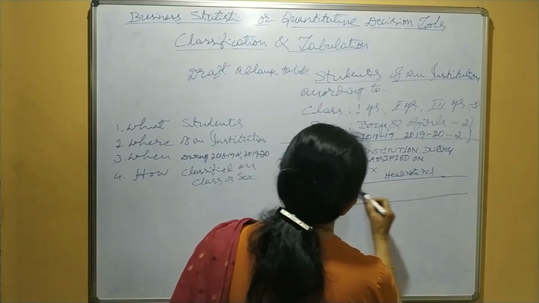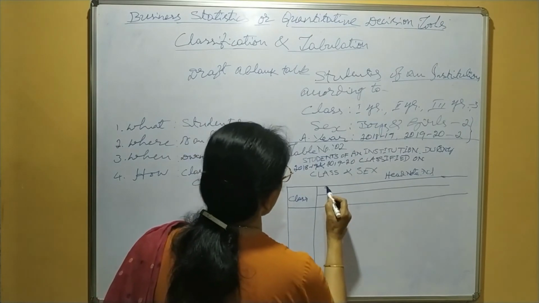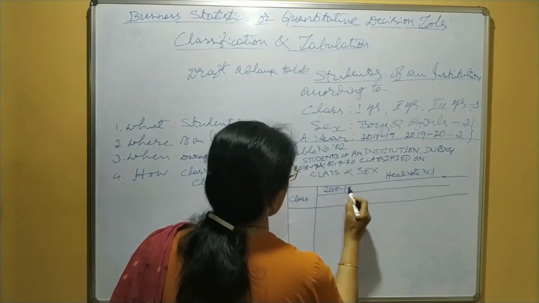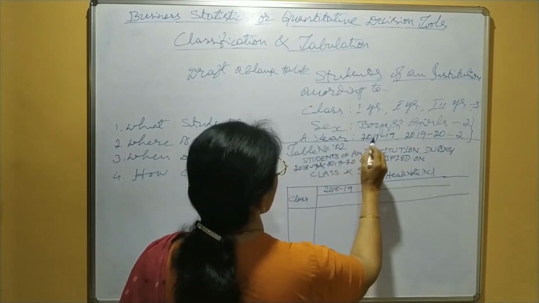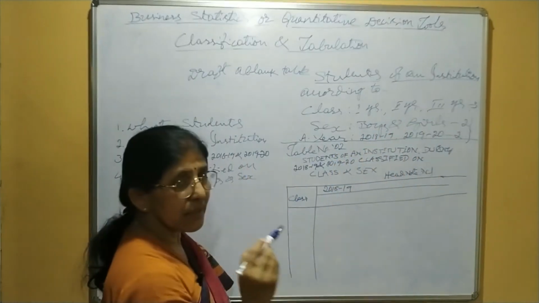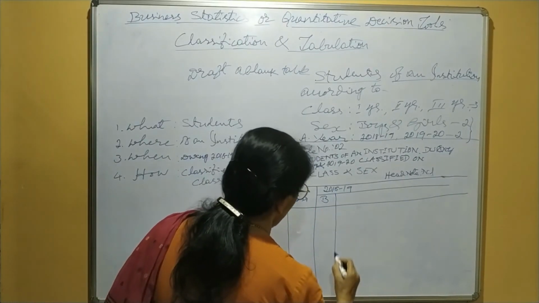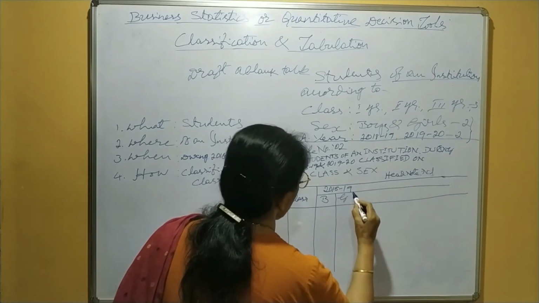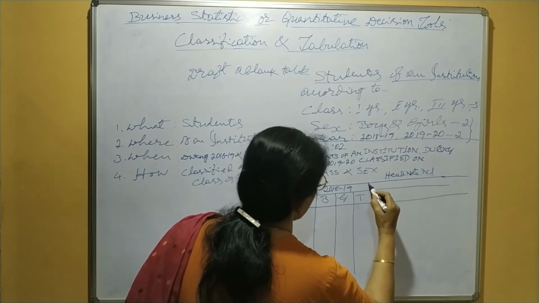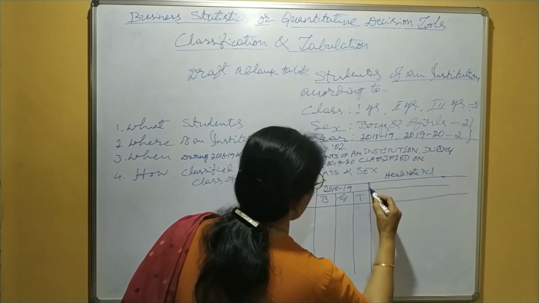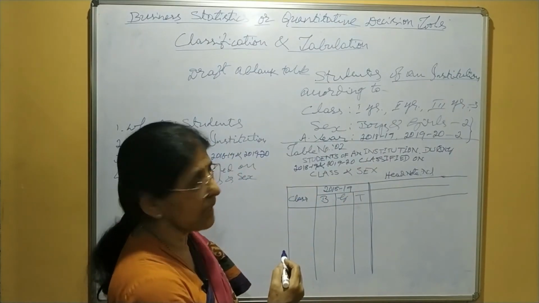Next, we have to take year and sex. First you take 2018-19, under that we take boys and girls. In the year 2018-19, how many boys were there and how many girls were there, and here we take one more total column, that is how many students were there in the institution during the year 2018-19.